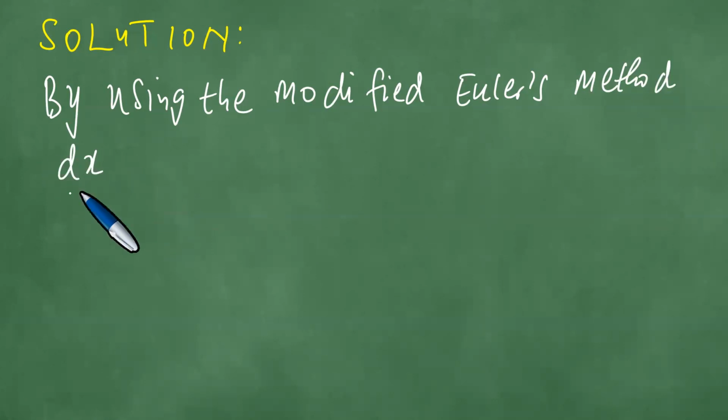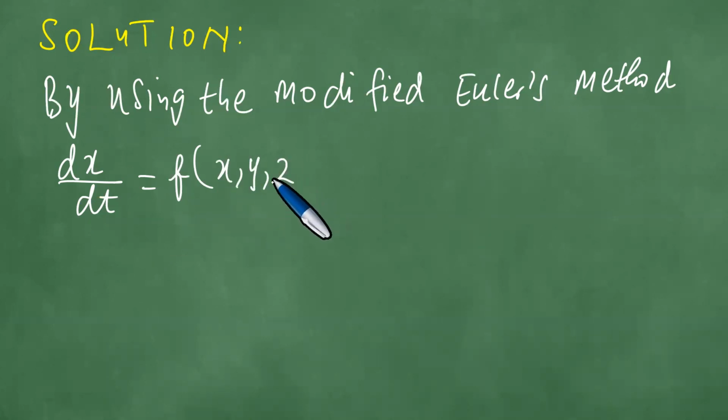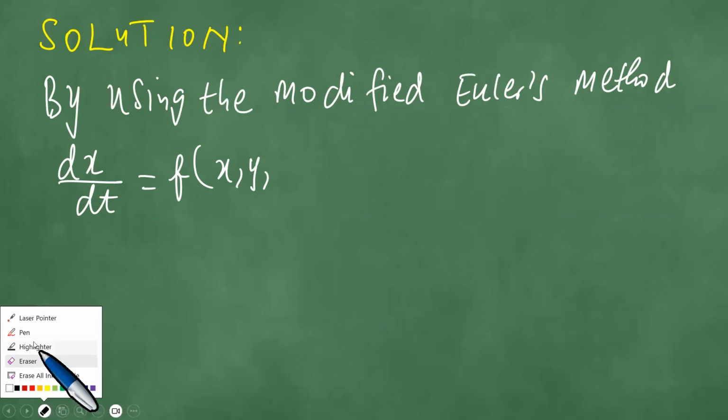Write dx/dt is a function f that is a function of x, y, and t.